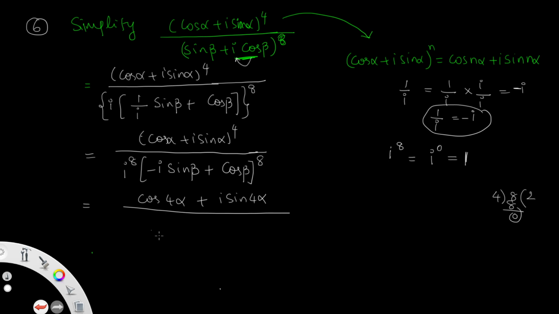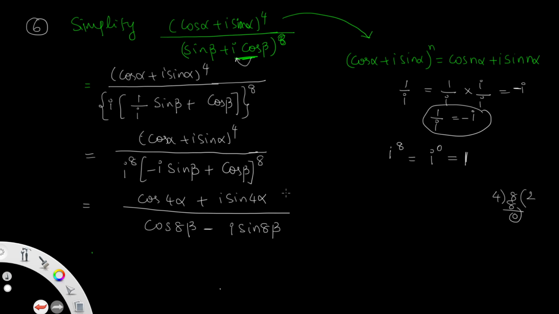No need to write it here. In the denominator, we can write cos 8 beta minus i sin 8 beta. Why? Because it is in the form cos alpha plus or minus i sin alpha, which is De Moivre's form: cos beta minus i sin beta.